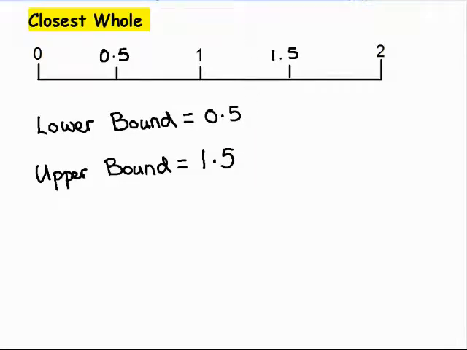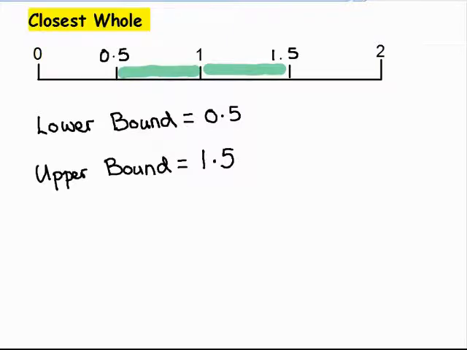So any number, any decimal, any value that lies between those two terms, 0.5 and 1.5, would all be rounded to give us 1. So in this situation, these are our upper and lower bounds. When rounding to a closest whole number, we can go half either way of that value to find out what its boundaries are.